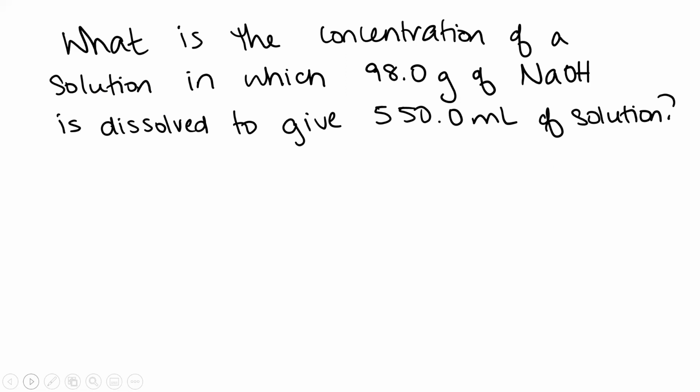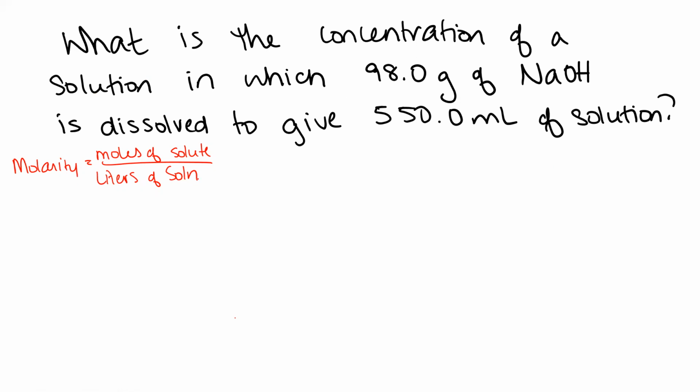We are given our solute in grams instead of moles, which means keeping in mind that molarity equals moles of solute all over liters of solution, that we need to not only take our grams of solute into moles to be able to calculate this, but we also need to get our milliliters of solution into liters to finally calculate the concentration.